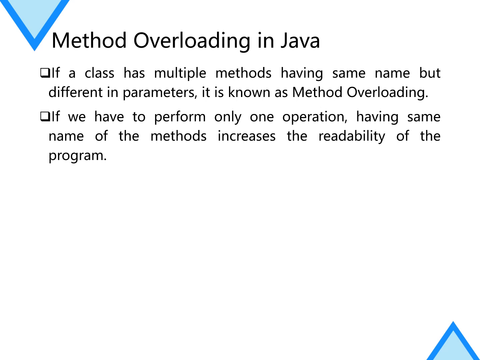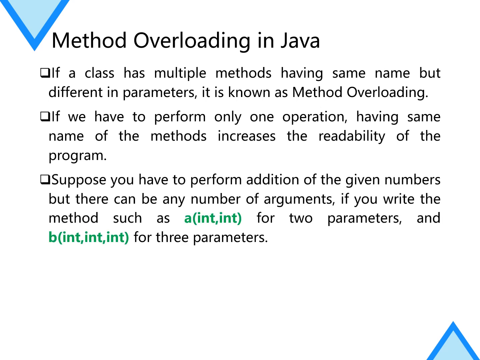If we perform addition of two numbers, we have a method with two parameters, both of integer type. If we keep the method name different for the same functionality, like addition, it will decrease readability.